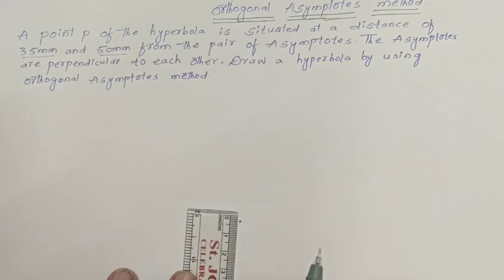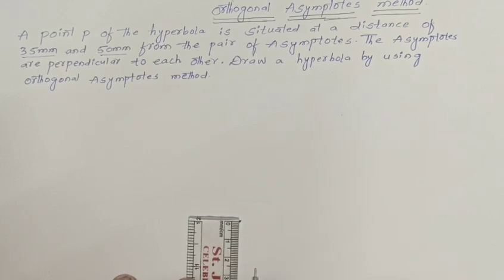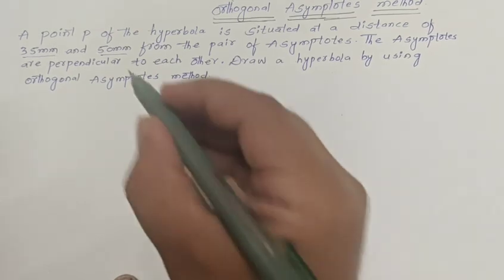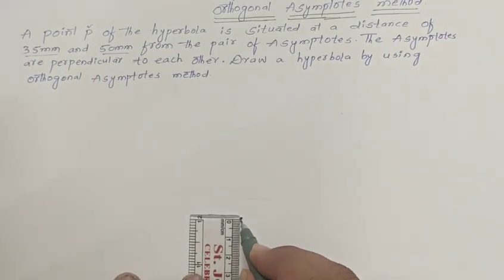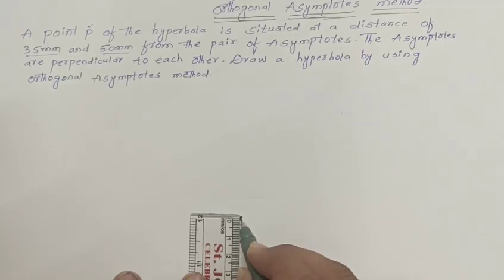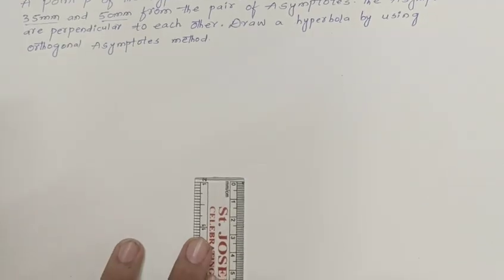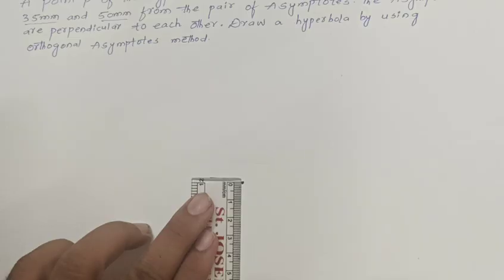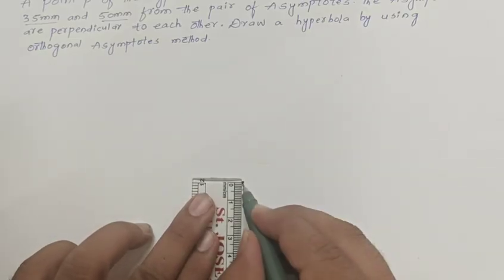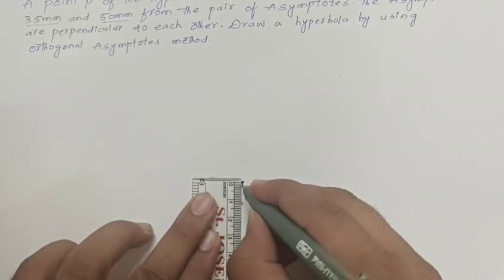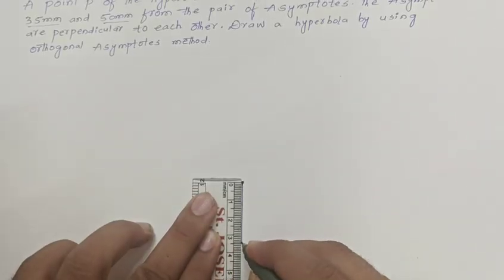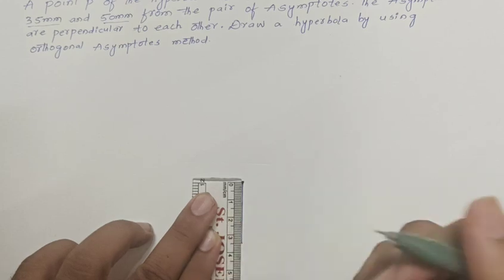Let us see. From this point P, we need to measure a length of 35 mm. How much length do we have to measure? 35 mm, which is nothing but 3.5 centimeter.